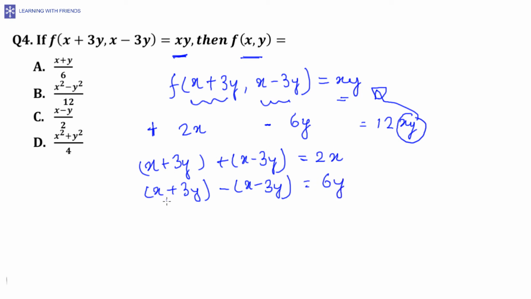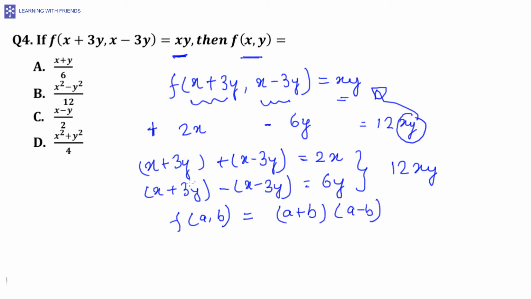And then from this product, if I multiply this, then I get 12xy. So if my function was f of a, b, the answer is expecting me to multiply a plus b with a minus b. That's what I did, a plus b and a minus b. But that doesn't give me my final answer. I then have to divide it by 12.